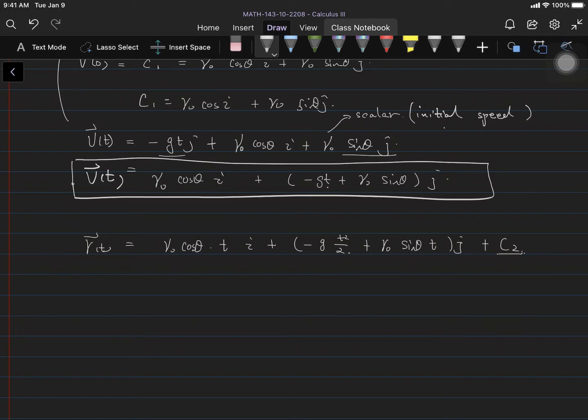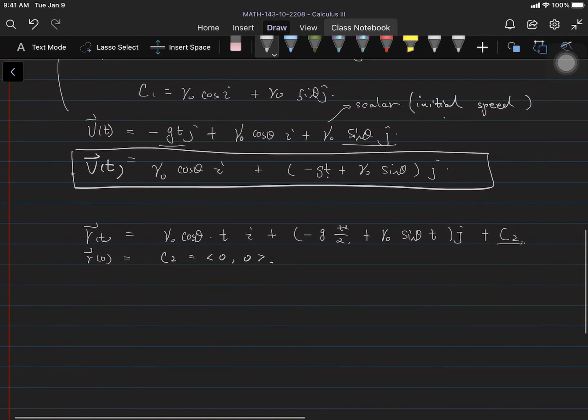And next, what is our initial position, which is 0, 0. If we plug in here, it's just c2. So c2 is 0, 0.